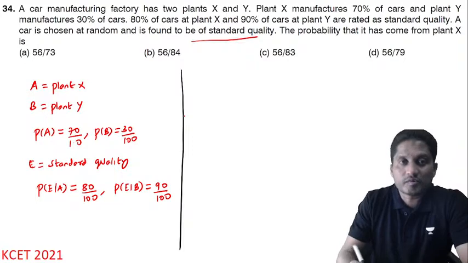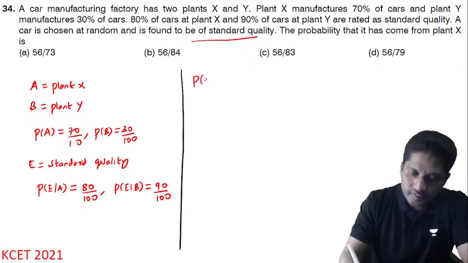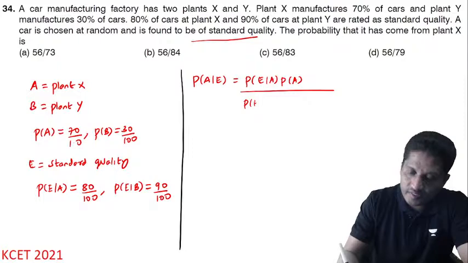The probability it comes from plant X is probability of A given E is equal to probability of E given A into P of A, divided by P of E given A into P of A plus P of E given B into P of B.